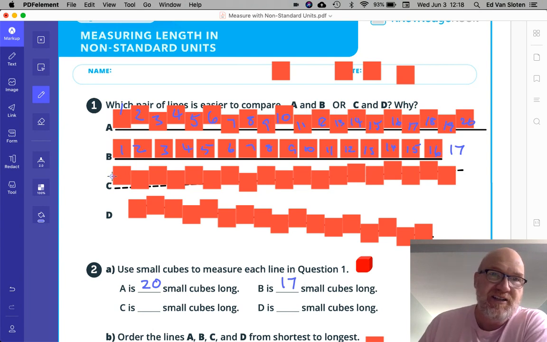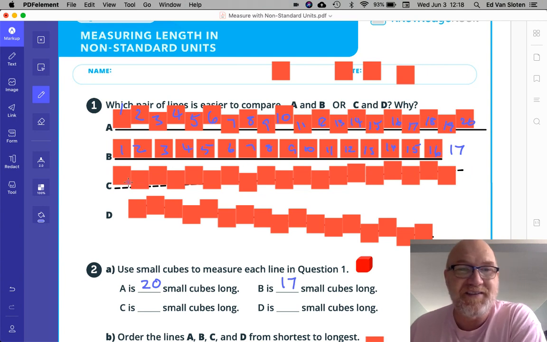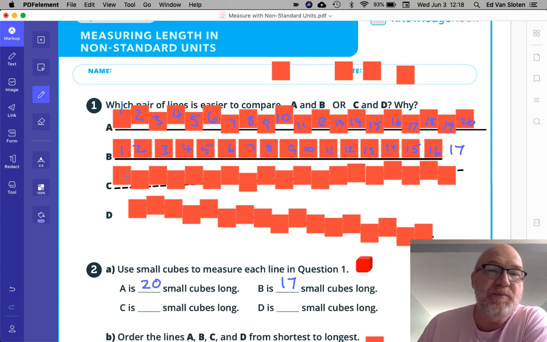Now C, the line is diagonal. So it makes it difficult to put the cubes in place, but I did put them down. 1, 2, 3, 4, 5, 6, 7, 8, 9, 10, 11, 12, 13, 14, 15, 16, 17, 18, 19, and a little bit, but it's 19, because that line has a little bit too.